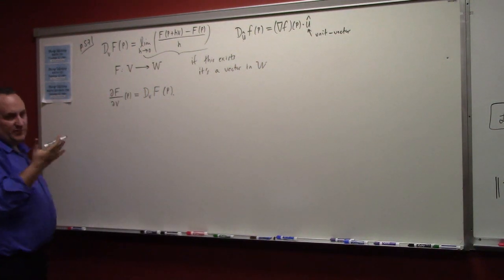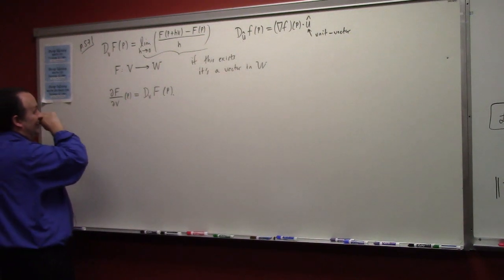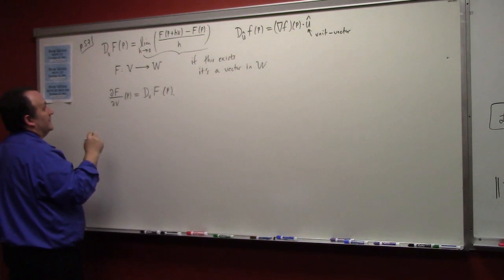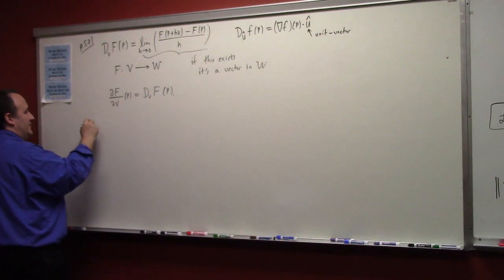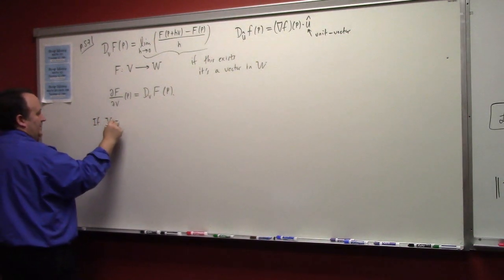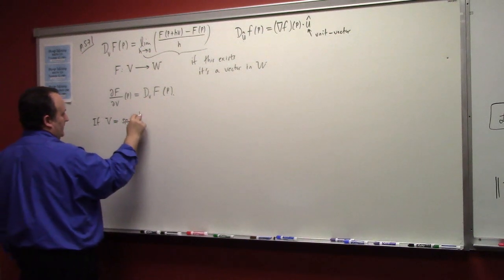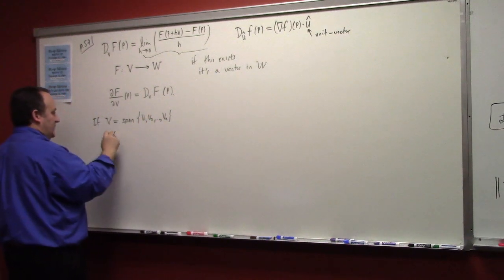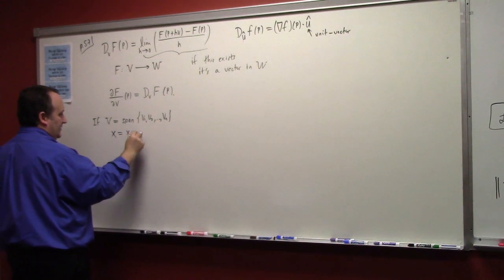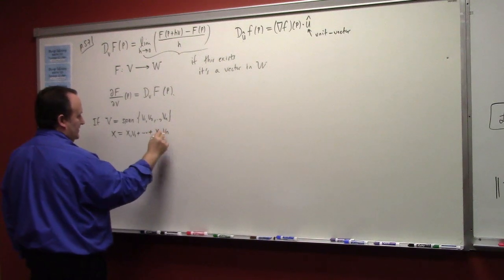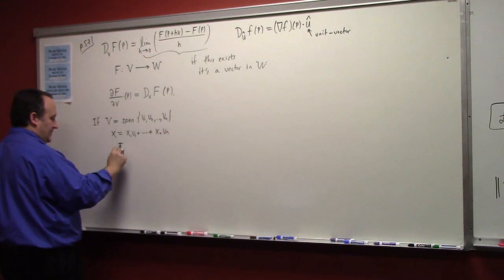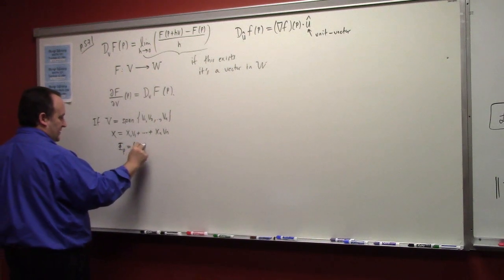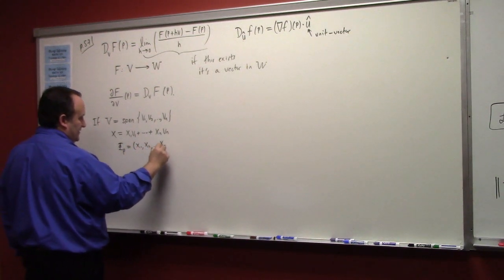Now, usually, anyway, I think if V is, let's say, the span of v1, v2, ..., vn, and we use x equal to x1 v1 plus ... plus xn vn, in other words, phi beta is equal to x1, x2, ..., xn.